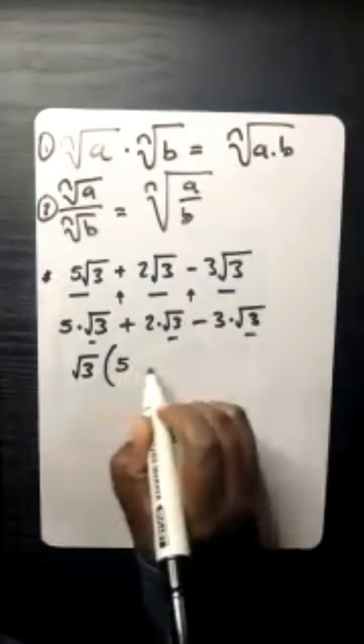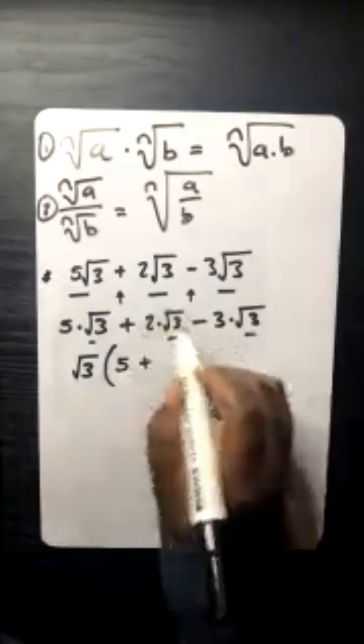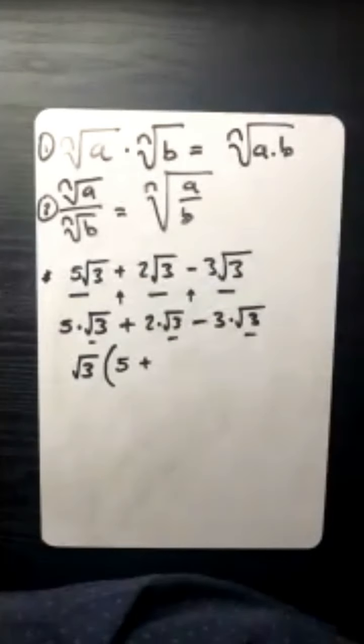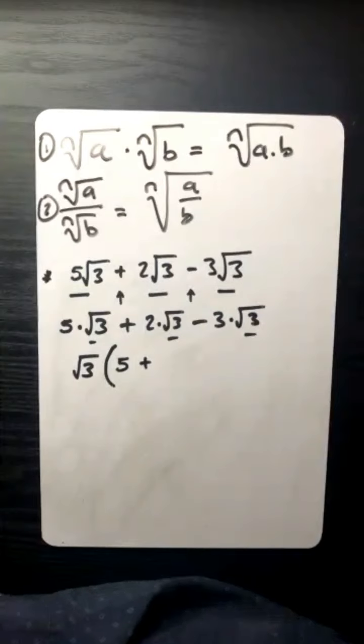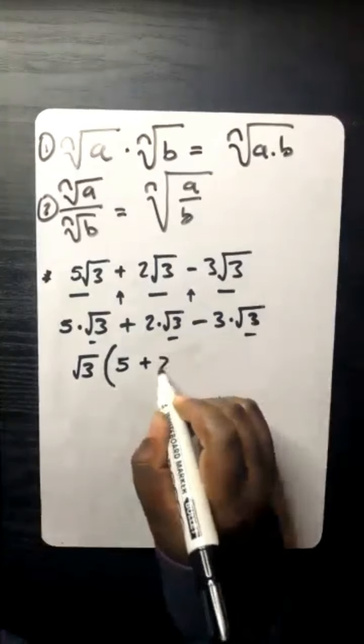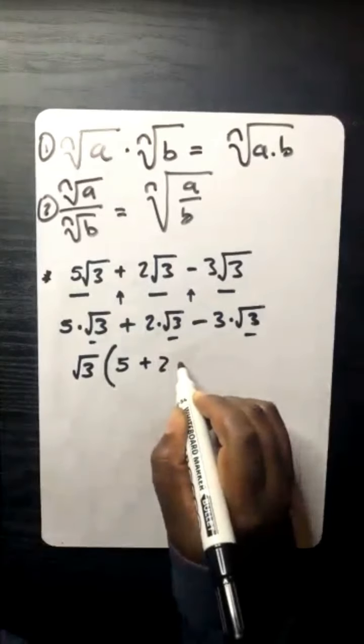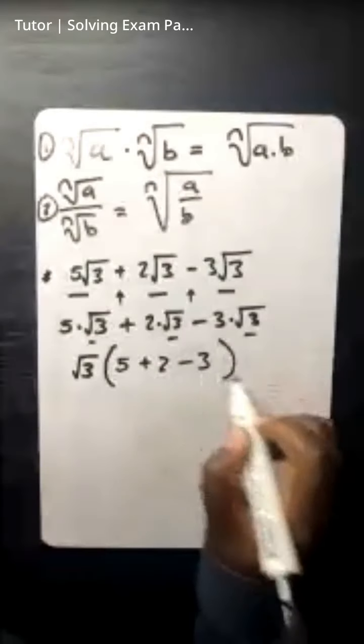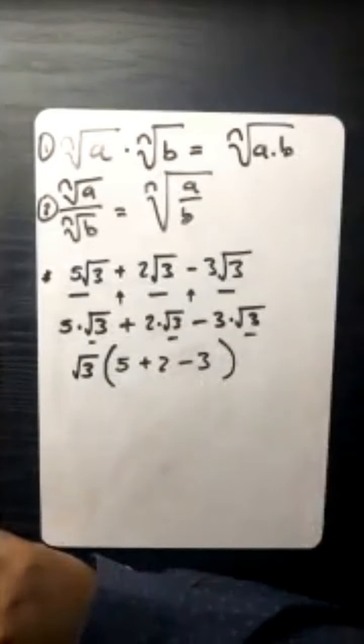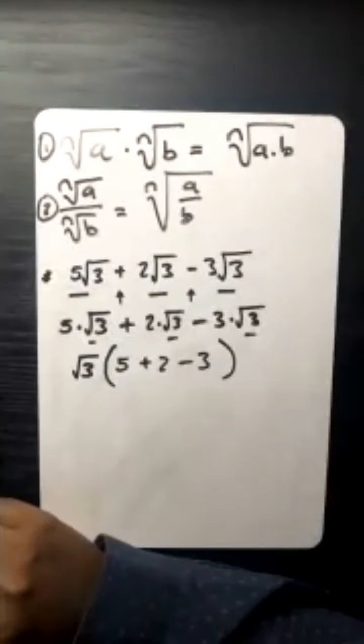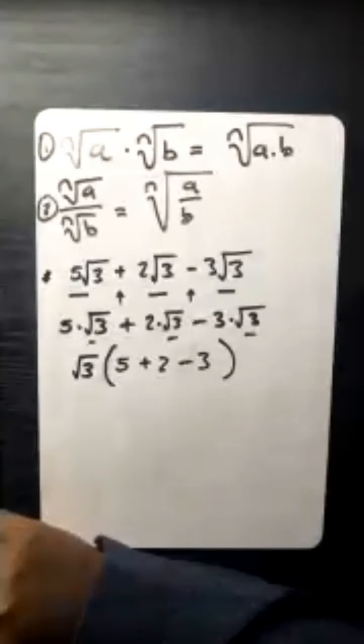It's 5. What is the second number attached to the second term? 2, sir. Third term, 3. Remember, in mathematics, every number has got a sign. So it's either minus or negative 3.